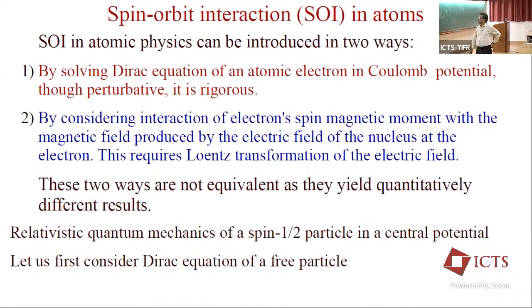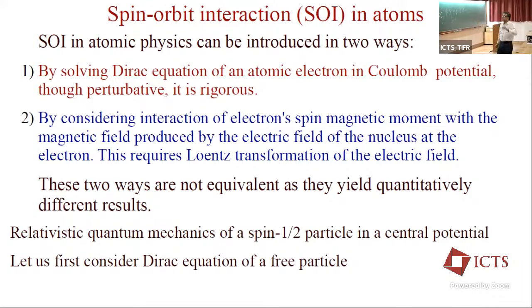When you solve the Dirac equation in a Coulomb field, or any central field, Coulomb field is also a central field, then perturbatively, in first order perturbation, you get the L dot S term.